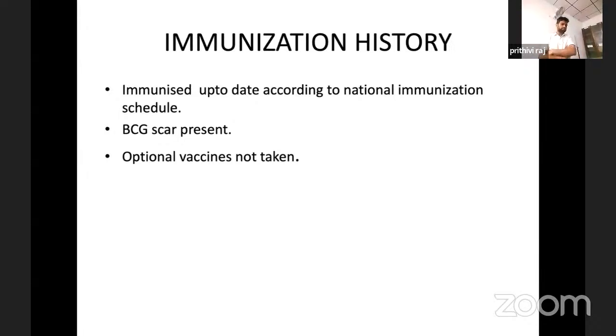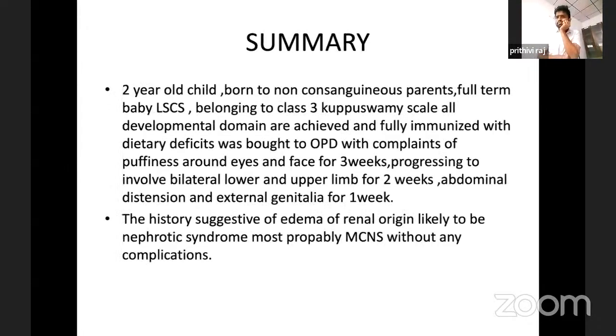Okay, you can carry on. Summary: a 2-year-old child born to non-consanguineous parents, full-term baby, LSCS, belonging to class 3 Kuppuswamy scale. All developmental domains are achieved and fully immunized. Dietary deficiency is present.